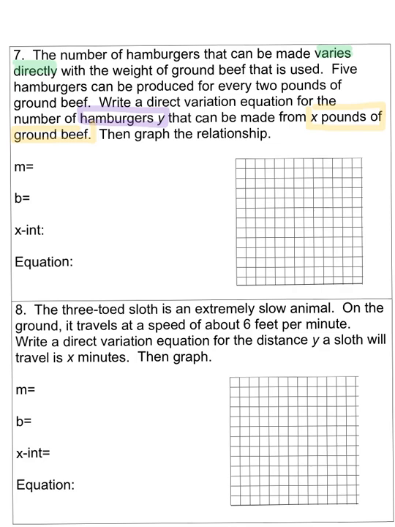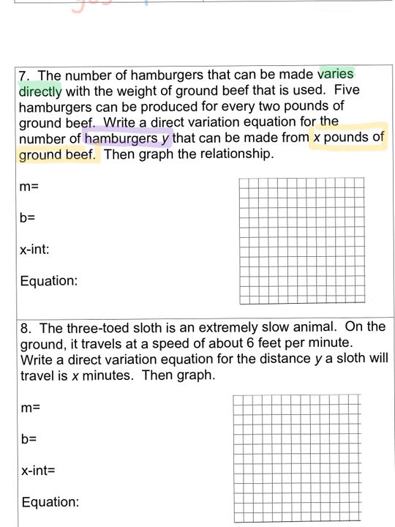Before we dig into this equation, I'd like to look at a dependency statement. It says the number of hamburgers varies directly with the weight of ground beef. That means that the ground beef is our x value, which they tell us later on in the statement.